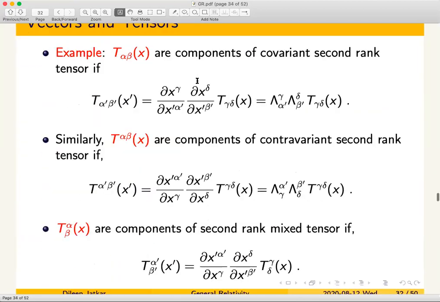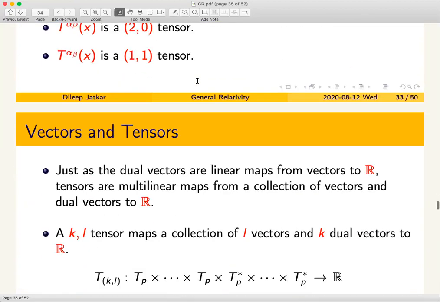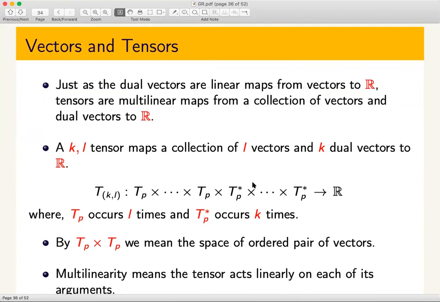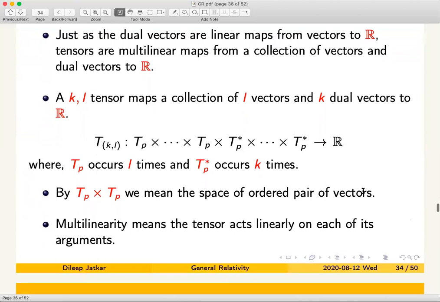So we are going to think of tensors as multilinear maps from a collection of vectors and dual vectors to a number. If you have a (K, L) tensor, it maps a collection of L vectors and K dual vectors to a real number.